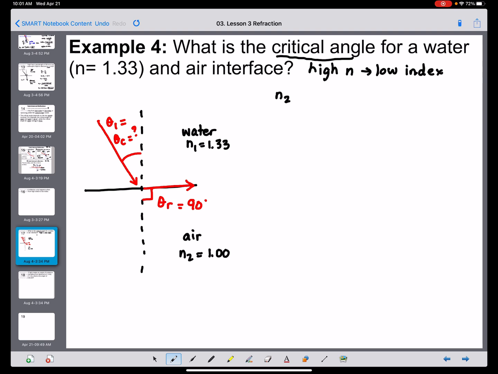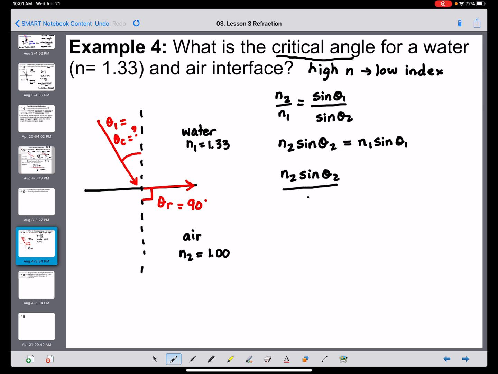Remember, our formula that we're going to use here is called Snell's law, and that's what it looks like on the formula sheet there. Just rearranging, I have n2 sine theta 2 equals n1 sine theta 1, and we're looking for theta 1.